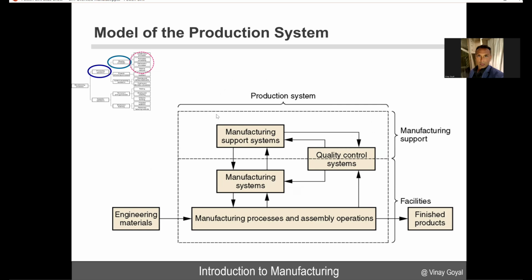You have the manufacturing support systems, and you need quality control to ensure the products are coming out consistently. You have manufacturing systems, with engineering materials that come in, and manufacturing processes and assembly operations that go into these systems. This is a symbiotic relationship, and quality control is part of that. All this together, this manufacturing support with the facilities, allows you to provide the finished product.